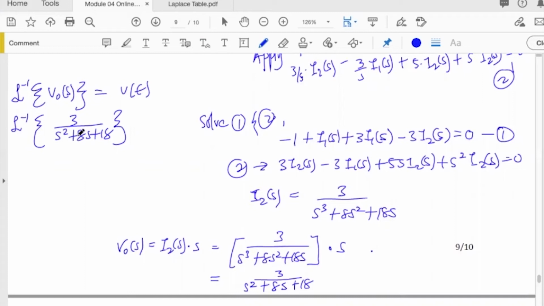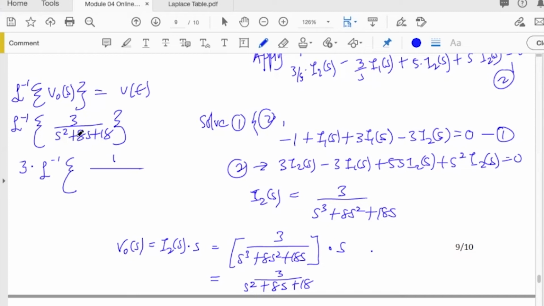When we do the inverse Laplace transform, 3 we can treat as a constant and put it outside, so we just inverse Laplace transform 1 over s squared plus 8s plus 18.